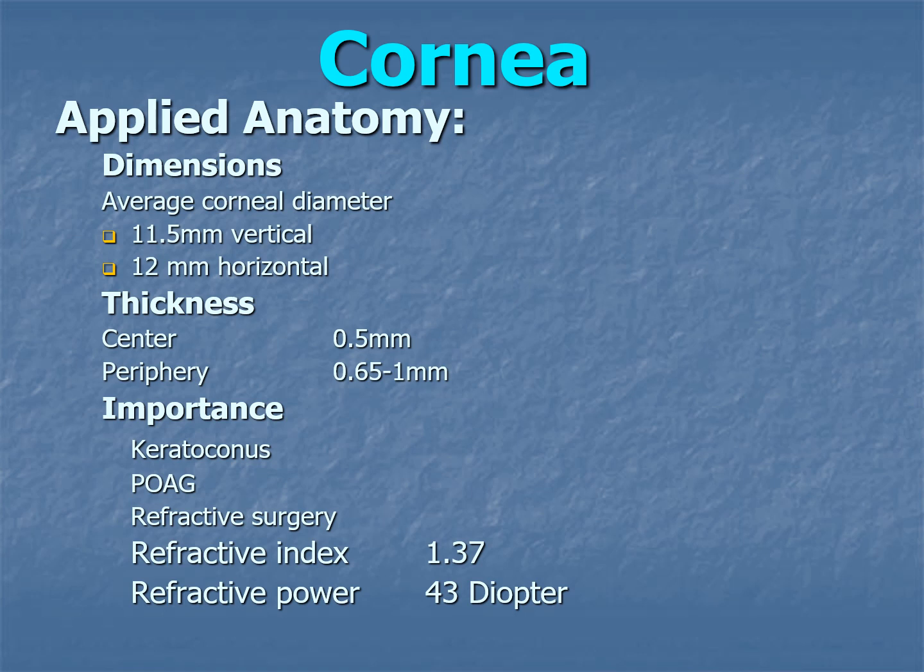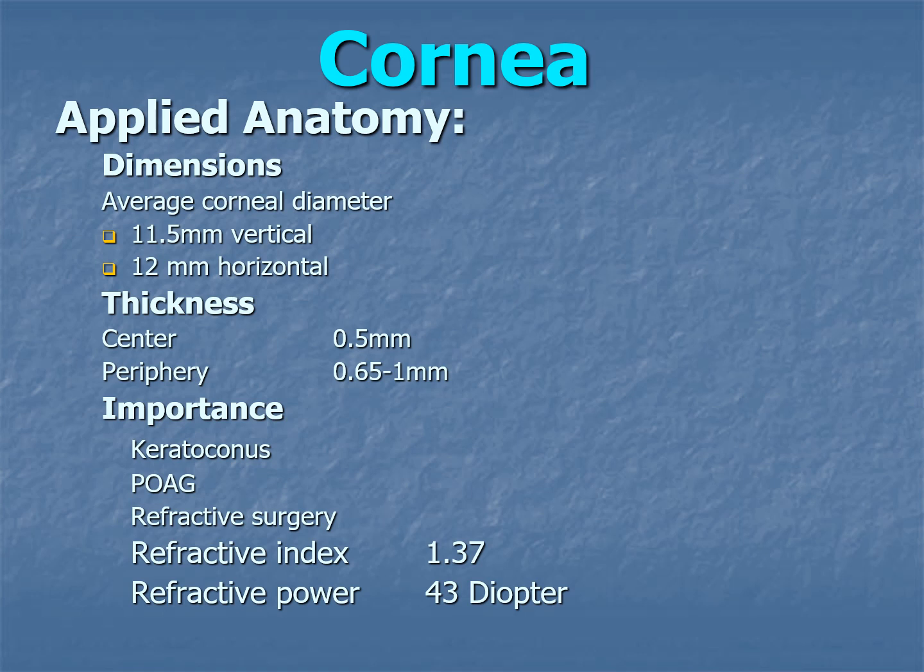The importance of corneal thickness is in certain diseases like keratoconus, where the central thickness is decreased and the cornea becomes conical. In primary open angle glaucoma, the cornea becomes thickened, particularly the central cornea, and a thickness of more than 0.6 or 0.65 millimeter is suggestive of primary open angle glaucoma.